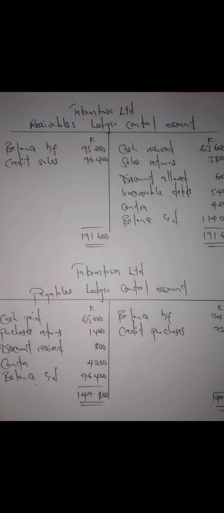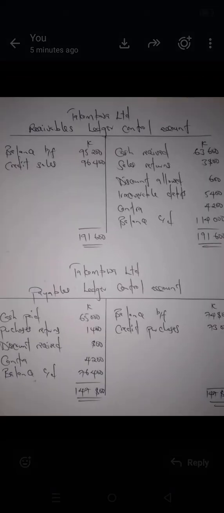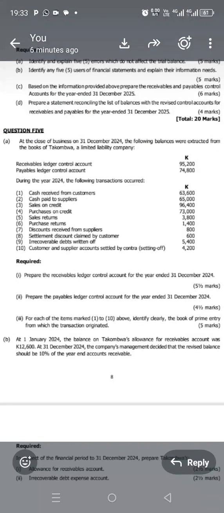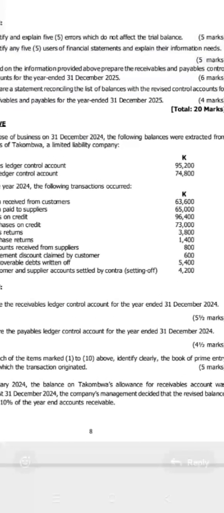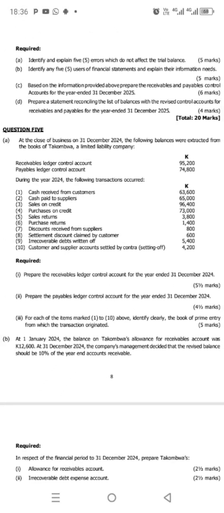As you can see here, you pick the balance brought forward, which is 95,200. You get this figure from the balances that we are being given here. The closing balance for the previous period is the balance that we start with in this period.